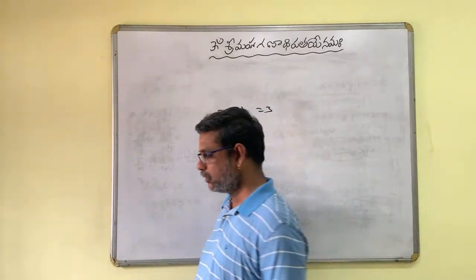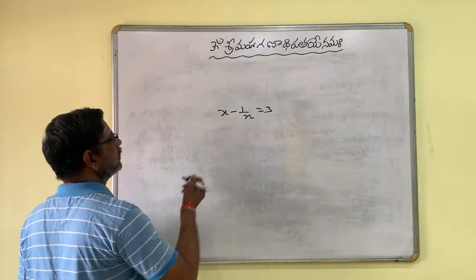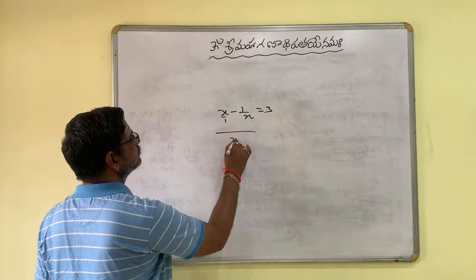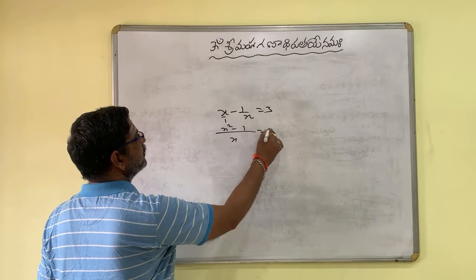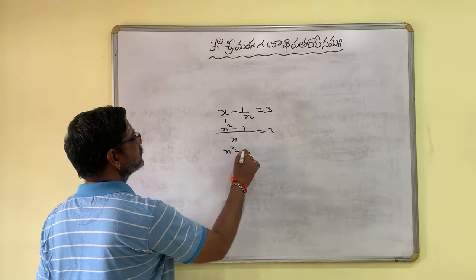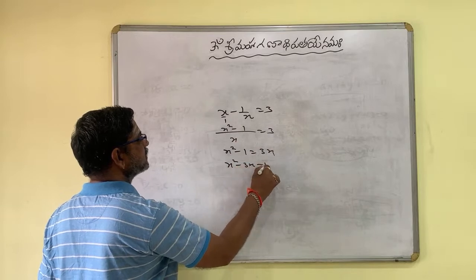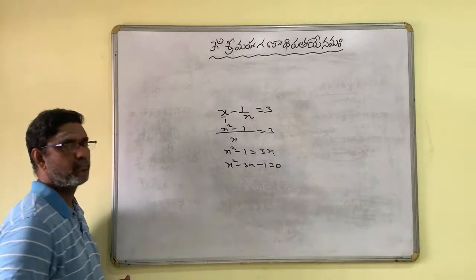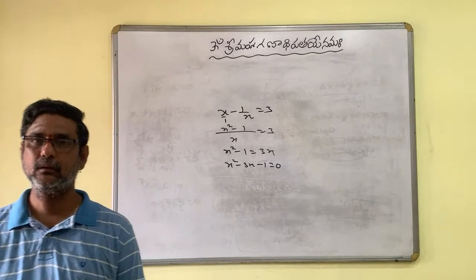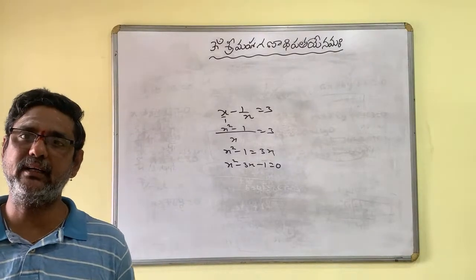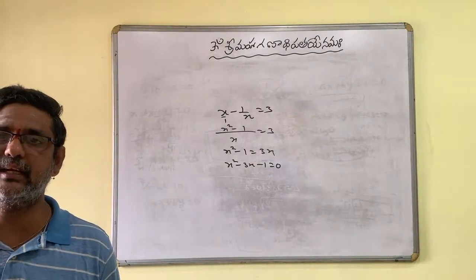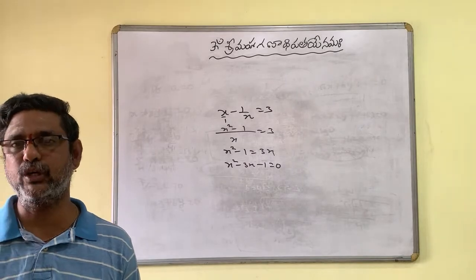So what we have to do? Take out the LCM. x square minus 1 is equal to 3x. x square minus 3x minus 1 is equal to 0. After simplification, what we got? x square minus 3x minus 1 is equal to 0.